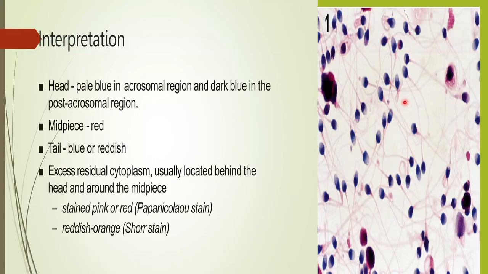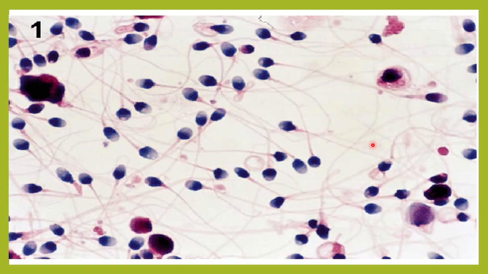You can see here the head which is pale blue in the acrosomal area, and in the post acrosomal area it is dark blue. The mid piece is slightly reddish and the tail is bluish or reddish. Sometimes in the neck or mid piece area you can see excess residual cytoplasm, which is stained reddish pink or red in Papanicolaou stain. So this is the slide.